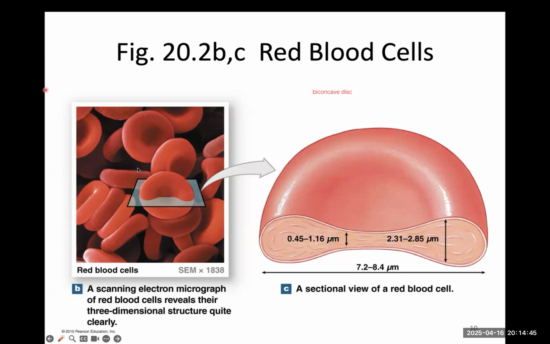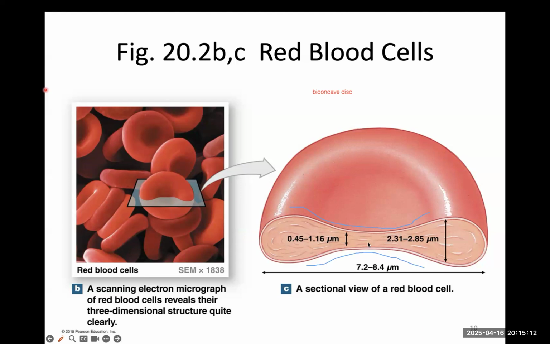If you say you concaved your head, that means you hit your head and made a little dent on it. So concave means a little dent, and bi means two. You can see that this part here is concave, and this part here is also concave. So that's where biconcave comes from.